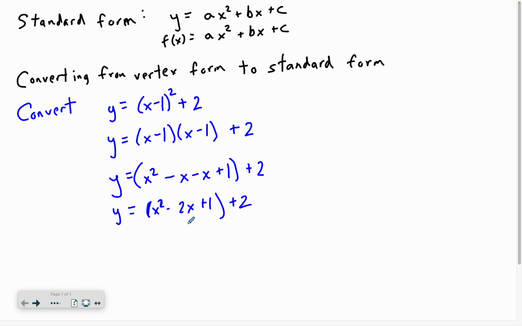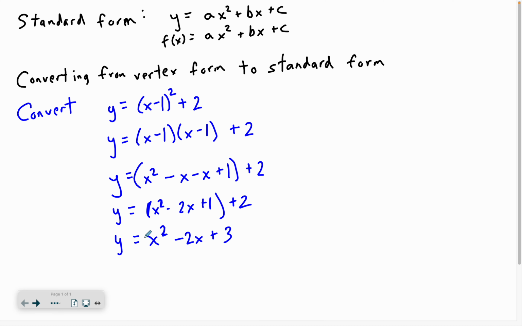Now there's no more combining like terms we can do in the parentheses, so we will just add the like terms of 1 and 2 to plus 3. So this is standard form.